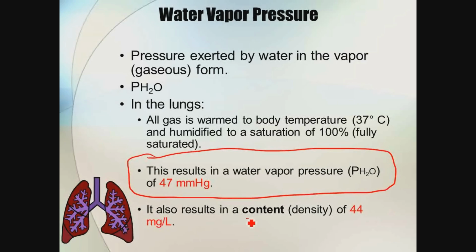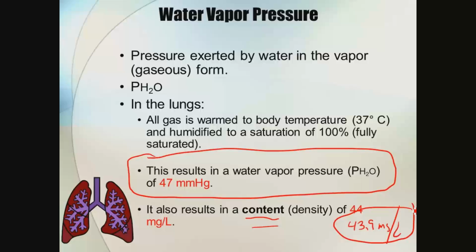Now, we haven't talked yet about this, but there's also a content, a density that it has, where we can express it in milligrams per liter. And the value is technically 43.9, we call it 44 milligrams per liter as far as how much actual water is there.